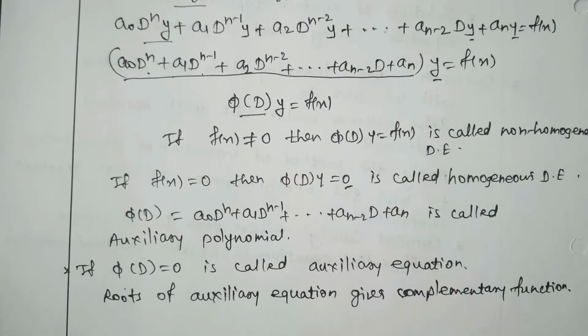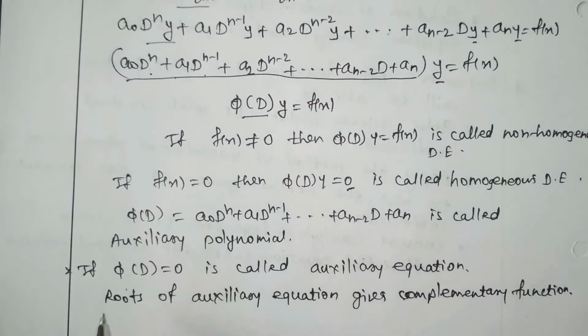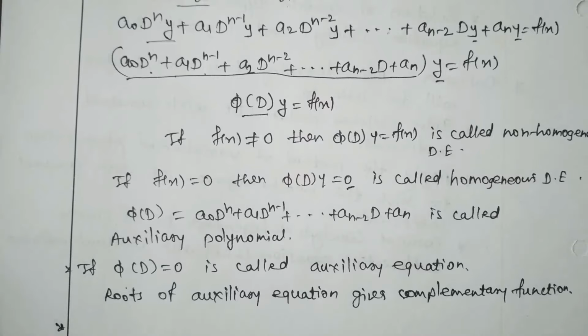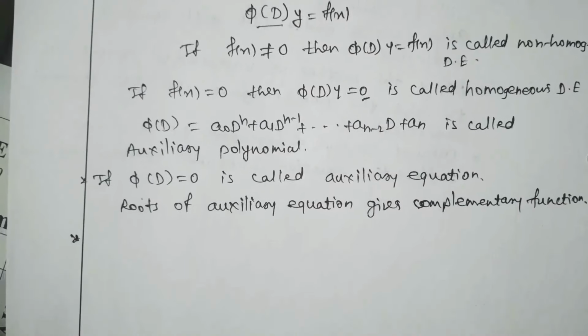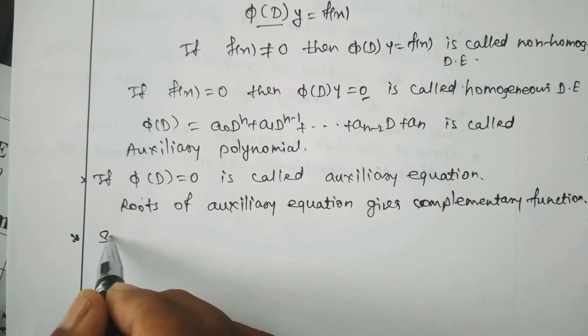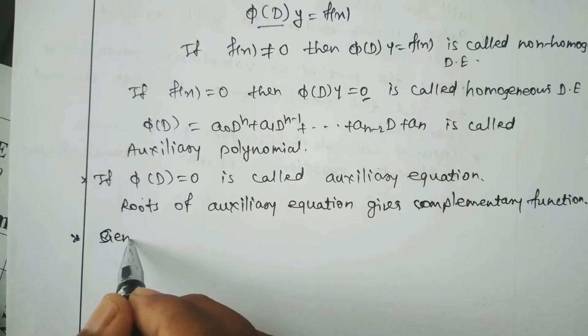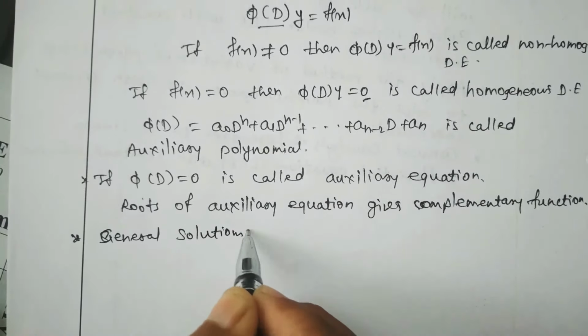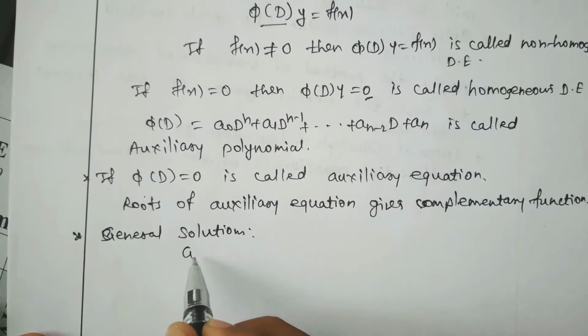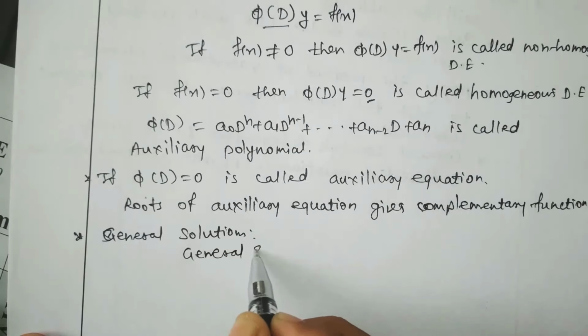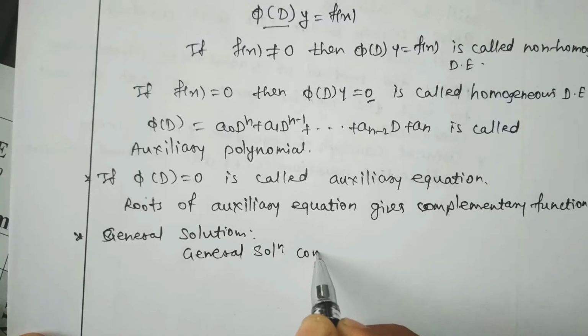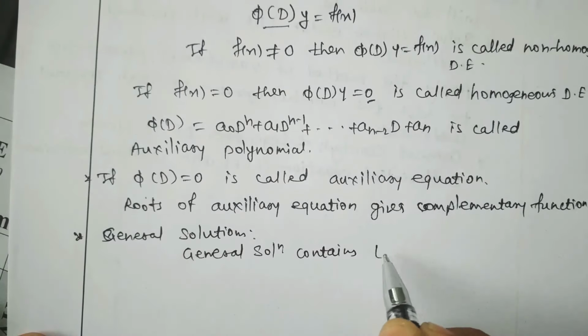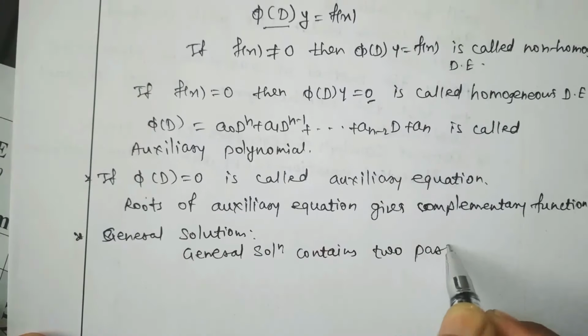So these are some basic concepts of linear differential equations with constant coefficients. Now we will learn about the solution of this linear differential equation, the general solution. So what is the general solution of this linear differential equation? The general solution contains two parts.